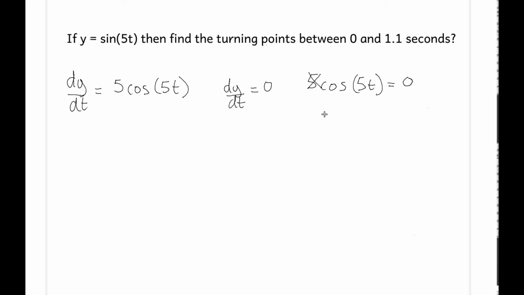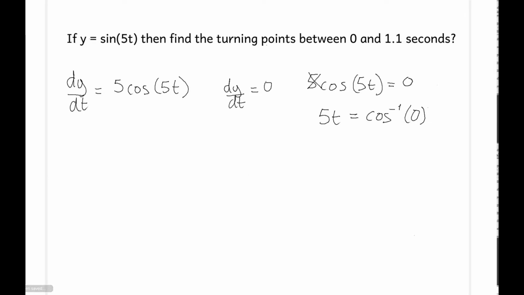The next step is, let's do the inverse of both sides. That will give me 5t equals the inverse of cosine of 0. Okay, so where does a cosine equal 0?